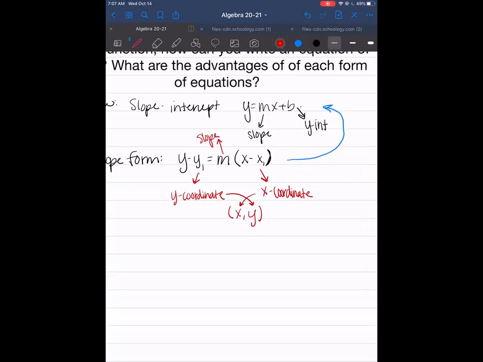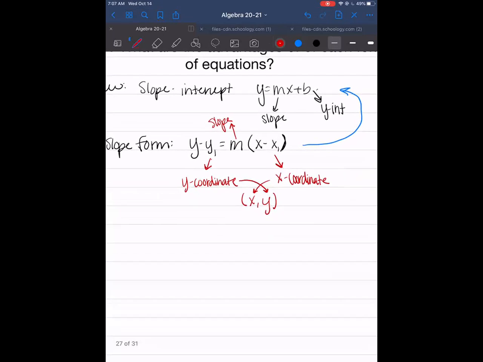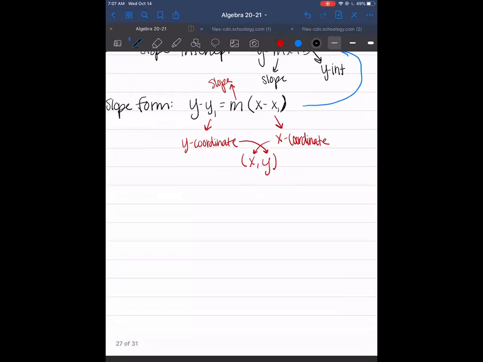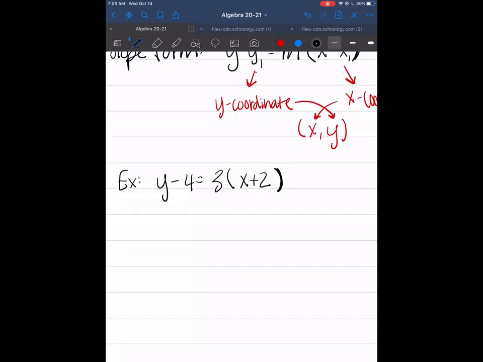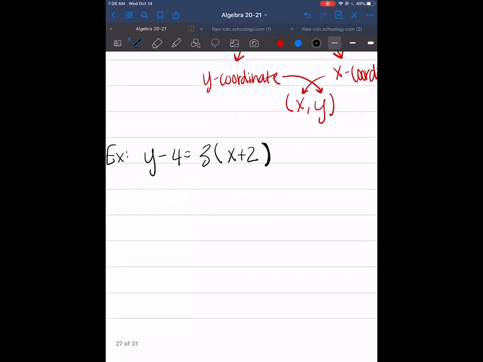There is a lot that we can do when we see an equation. For example, if I'm given y minus 4 equals 3 times x plus 2, I'm going to either want to solve it for y in order to get it in slope intercept form, or I'm going to want to figure out what the characteristics were.